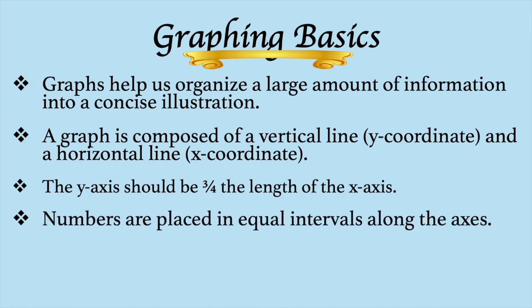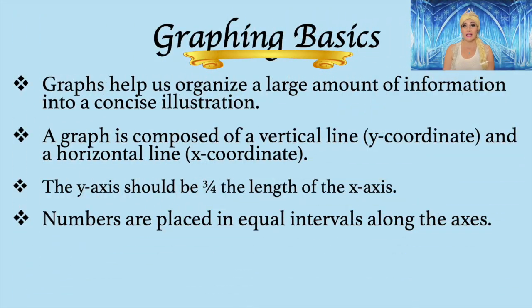Additionally, when you create your graph, you need to know that the numbers have to be placed in equal intervals along both the x and the y-axis. So what do we mean when we say equal intervals? Well, let's say typically we start a graph at 0. From 0, you will increase, for example, 2, 4, 6, 8, in intervals of 2.